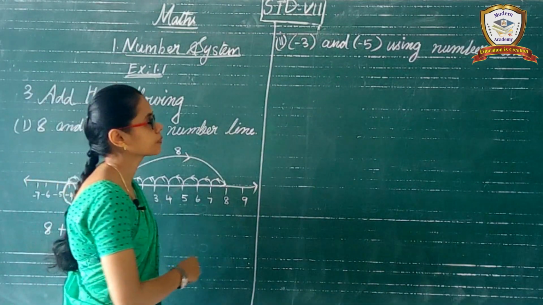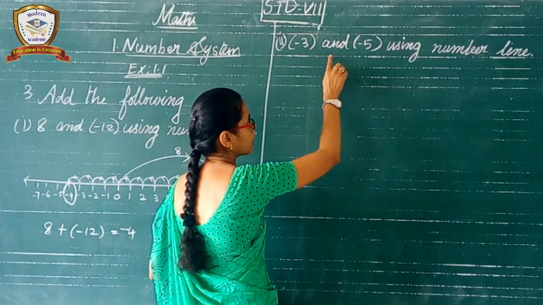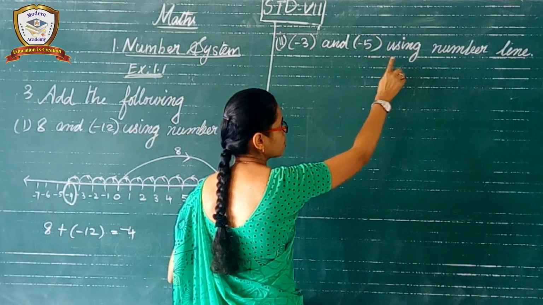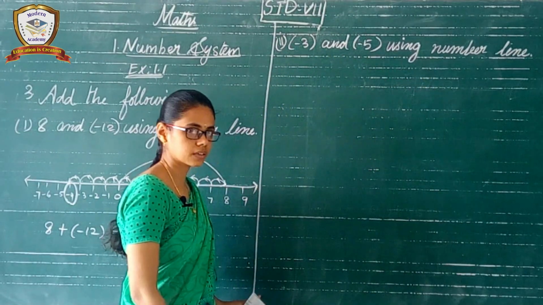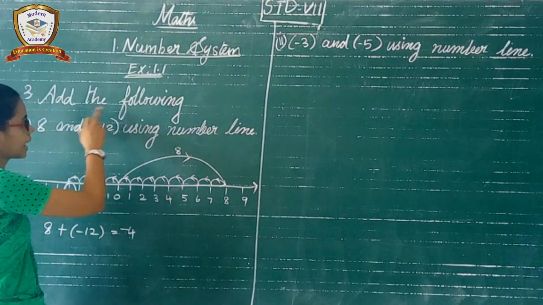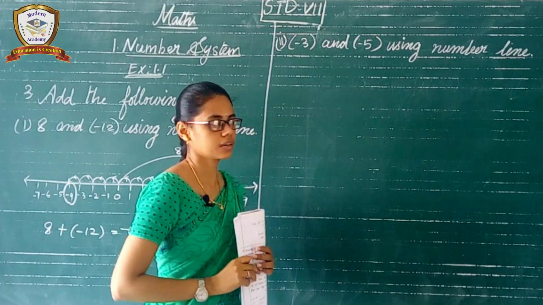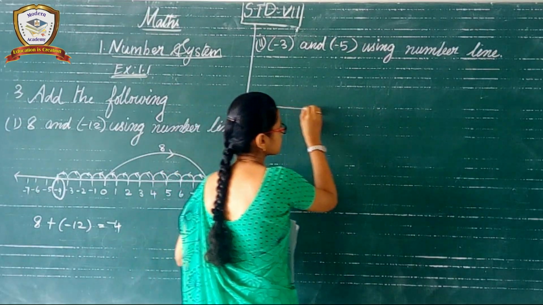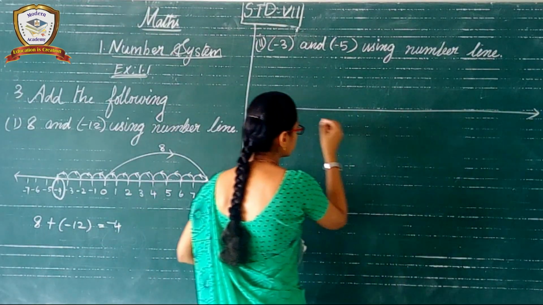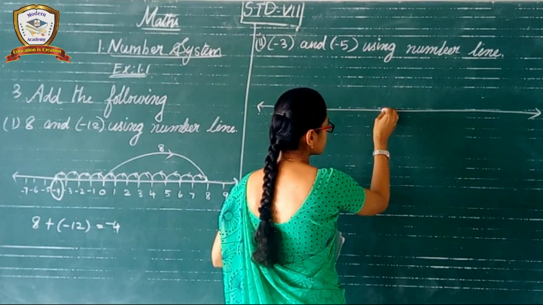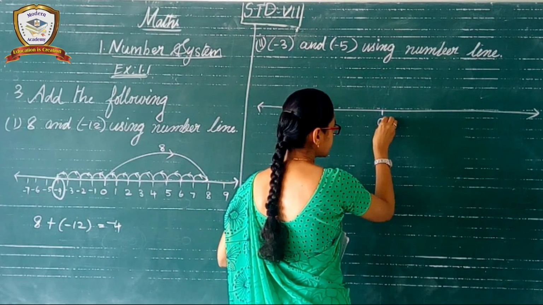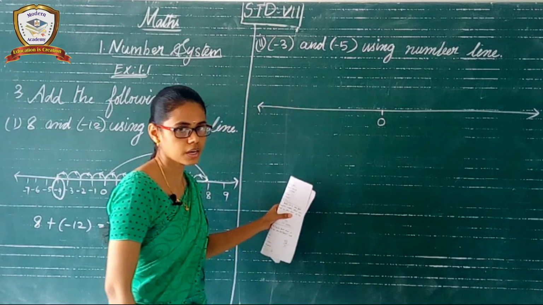Next, see the second sum. Minus 3 and minus 5 using number line. We need to add the numbers by using number line. So let us consider the number line. 0 is the center, so neither positive nor negative.